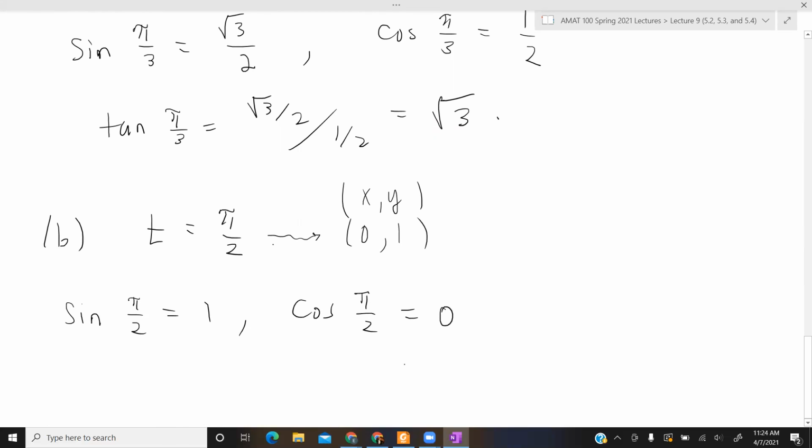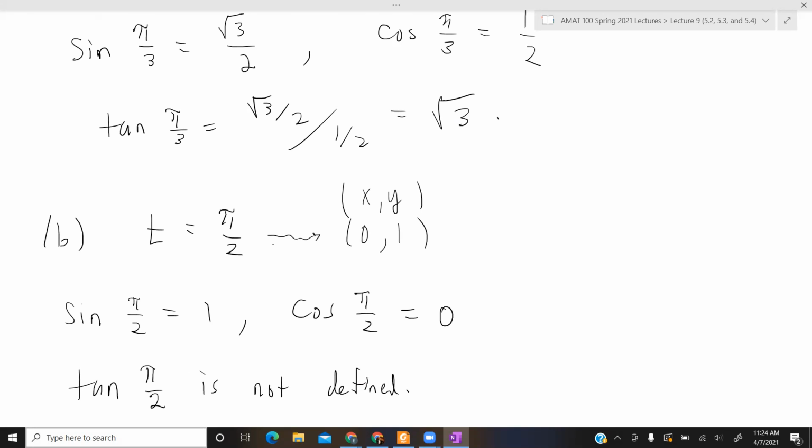However, this tan, this is where we have to be careful, because tan of pi over 2 is not defined. You can't divide by 0.